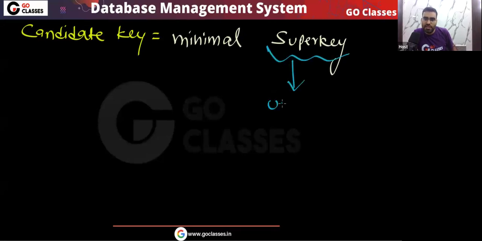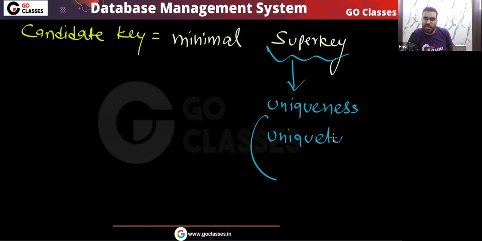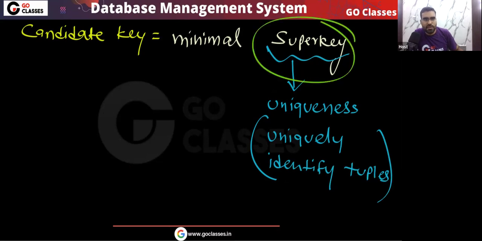This implies uniqueness. Yes or no? Because of this super key, we can uniquely identify tuples. So you can uniquely identify tuples with the help of a super key.